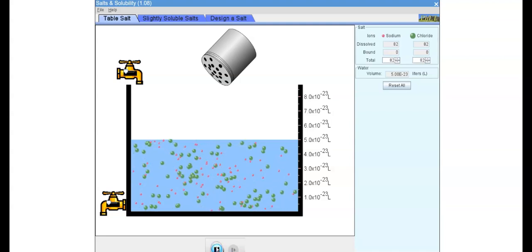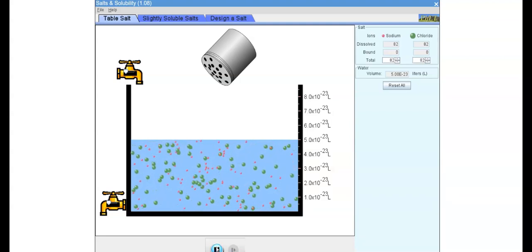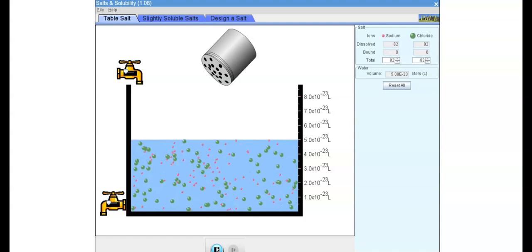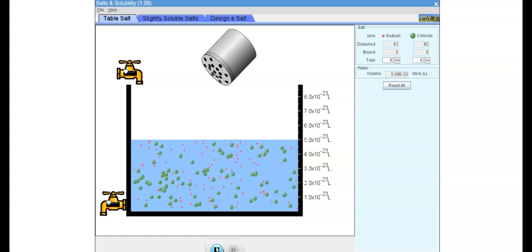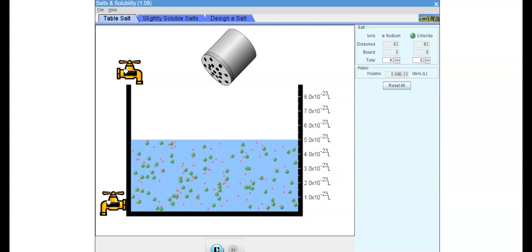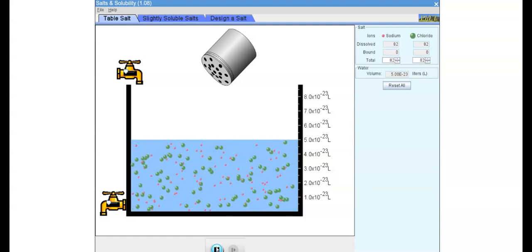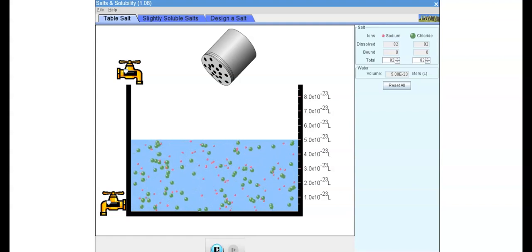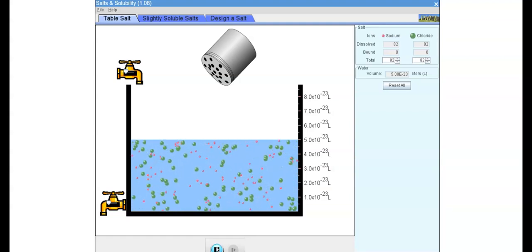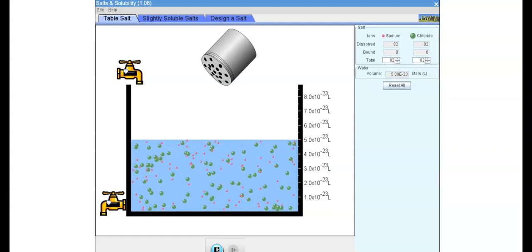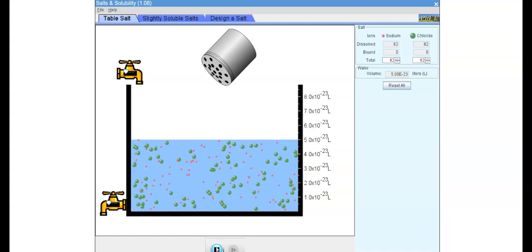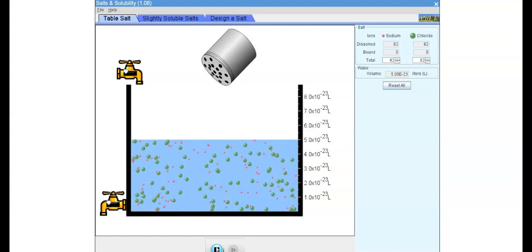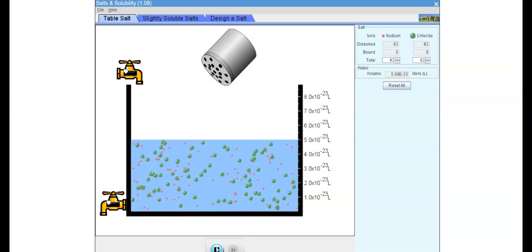So again, just click play again. We have all this stuff moving around. You have these charged particles that are surrounded by water molecules. We can't actually see that in this case, but there are water molecules surrounding each of those ions. Those ions are moving around in the solution. A solution that contains charged particles, aka ions, is able to conduct electricity and is called an electrolytic solution.